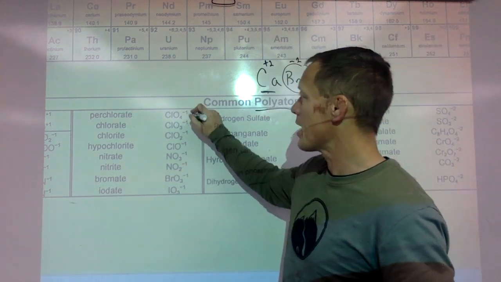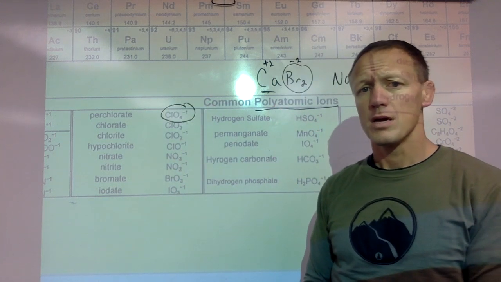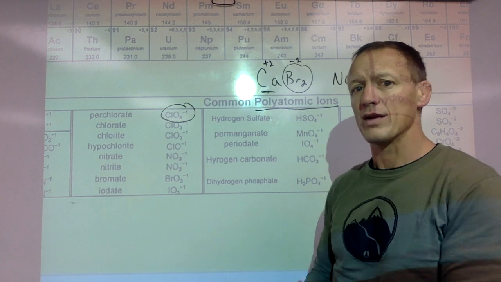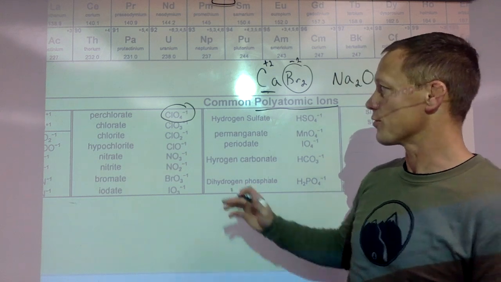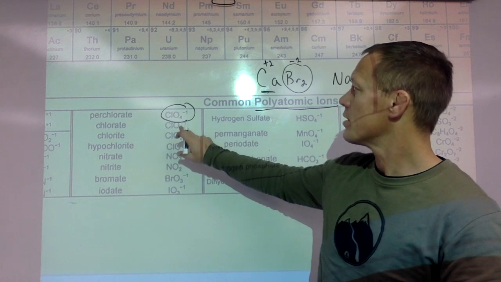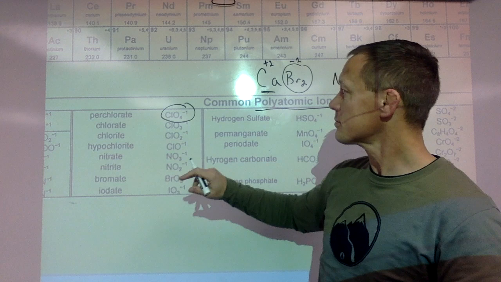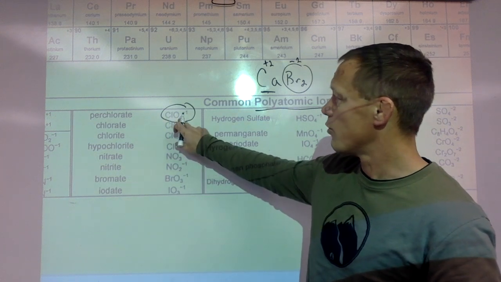These polyatomic ions are not neutral. They're still a group of atoms bonded together, but they are not neutral, so they really want something else to make them neutral. In other words, they're looking to gain an electron from something else, or give an electron away. Here's an example: the perchlorate ion, ClO4 negative 1.